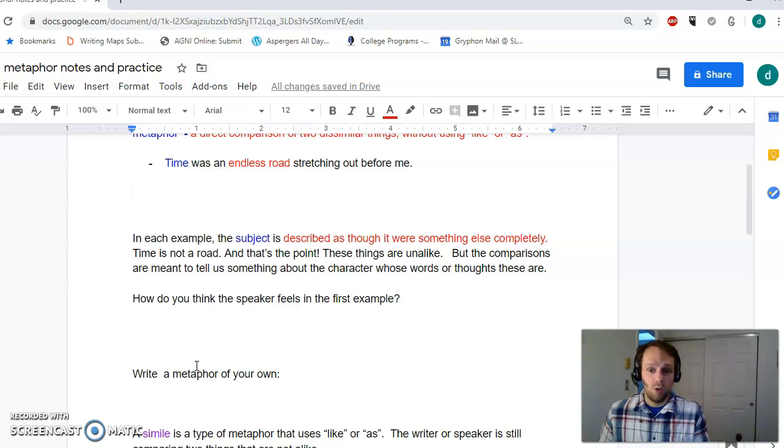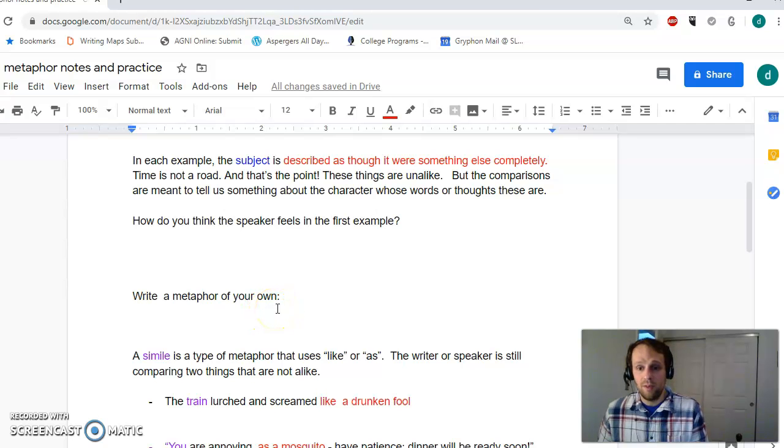If it's a road, then that implies a larger journey. That also implies some work on your part, or a road is for traveling down. And so if time is being described in this way, it's almost like the person feels bored or lonely or lost or desperate, or doesn't see a way out of the situation they're in.